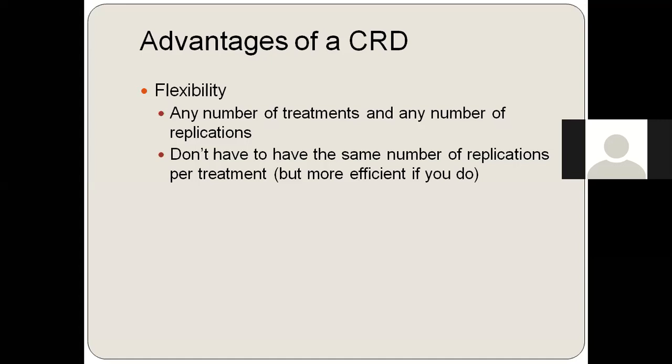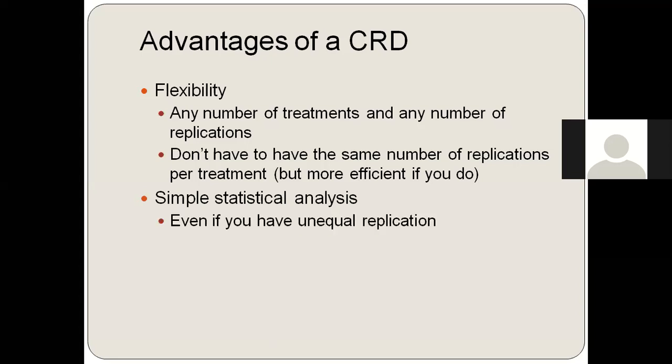If you have an equal number of replications, it is more efficient, as I said earlier. We need simple statistical analysis. Very simple. Even if you have unequal replications, we can do the statistical analysis, not a problem.